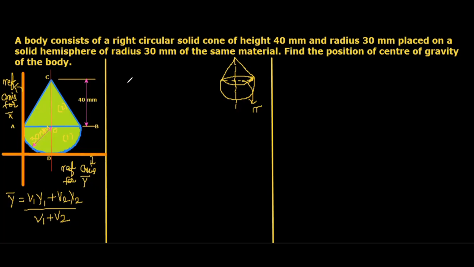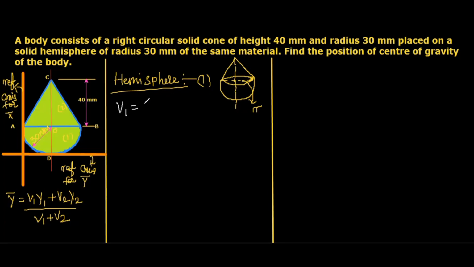So I just start with the first segment, that is the hemisphere. Here you can see the hemisphere, that is segment 1. Here we need V1 and also Y1. The formula for V1: we know the volume of the sphere is 4 by 3 pi r cube, and it is half of that.